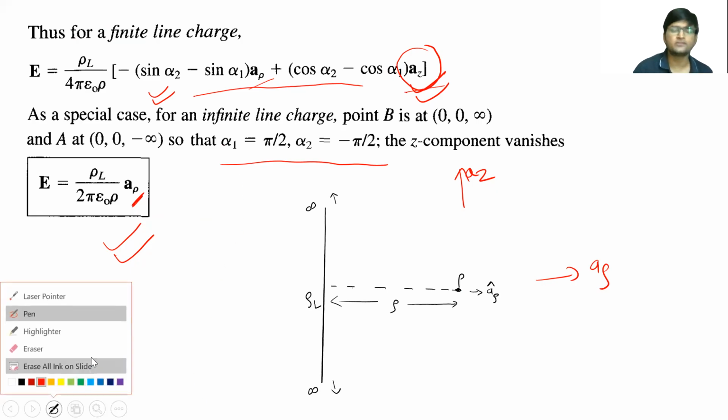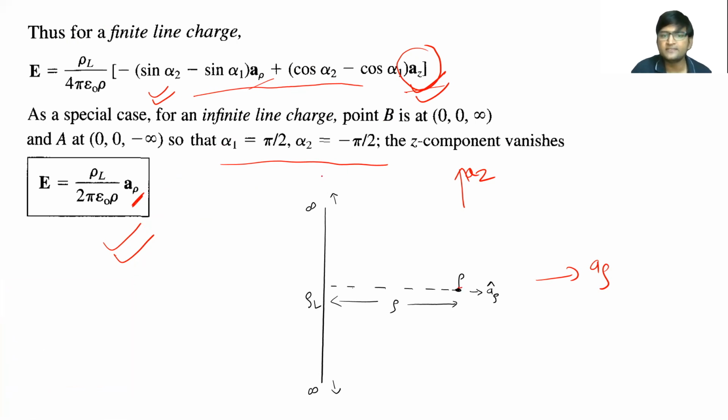Let me give you a simple intuition behind this. If there is a straight infinite line, and you take this point, suppose this is plus q charge, and also symmetrically opposite to the central line, this point is also plus q, since the same charge is distributed over the whole line. What will be the direction of electric field because of this line at this point? It will be like this.